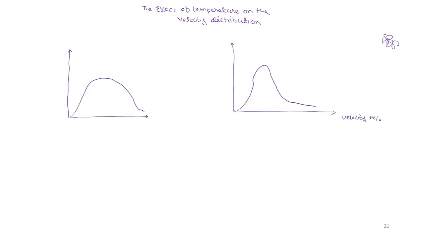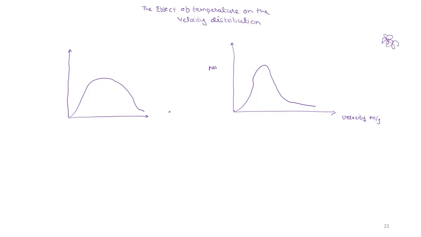On the x-axis we have velocity in meter per second, and on the y-axis we have the number of particles, right? So my question is, if I want to assign velocities to the particles in my protein system, should I rely on this bell-shaped curve or this bell-shaped curve? This fact might lead you to ask what will be the shape of the velocity distribution when I start assigning velocities to the atoms in my simulation.